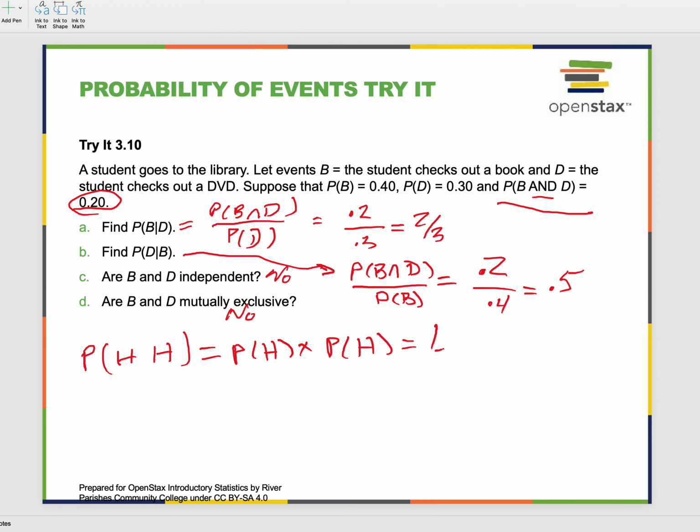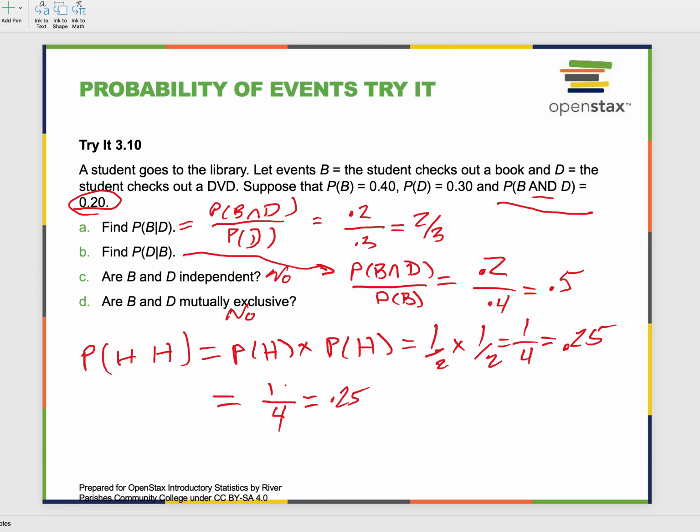On each one it's 1/2 times 1/2, or 1/4, or 0.25, or 25%. The other way of looking at it is if I look at the space, there is one way of getting two heads out of 4 possibilities when flipping a coin twice, which gives me, again, 0.25.